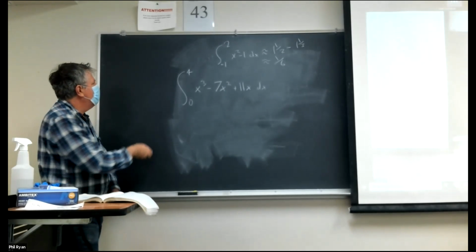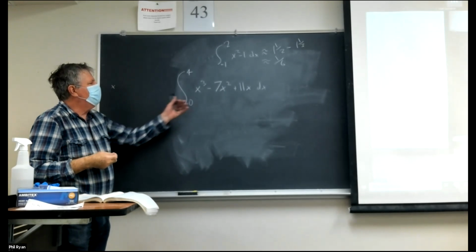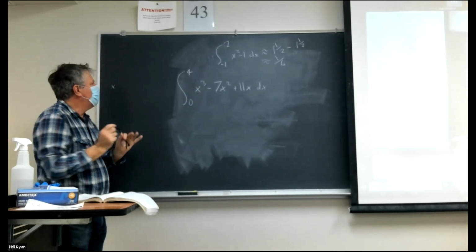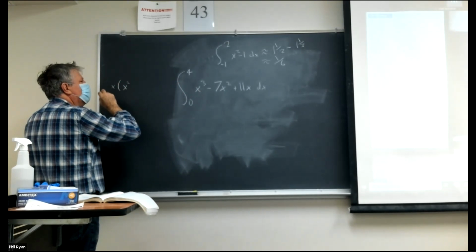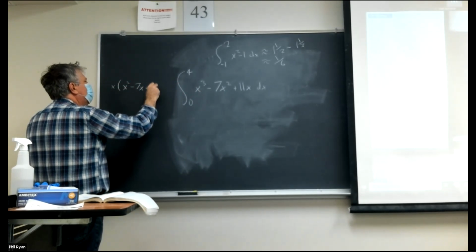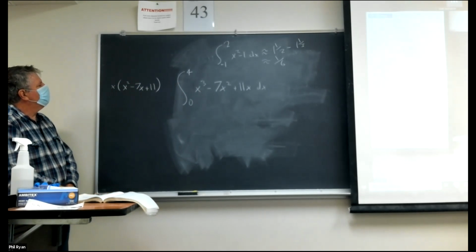So what's this going to look like? So at the beginning, we don't know anything about this at all. So we've got to somehow do some kind of analysis. So one of the things we might do is just factor it. Okay.